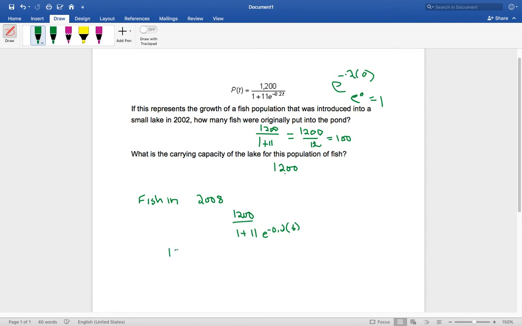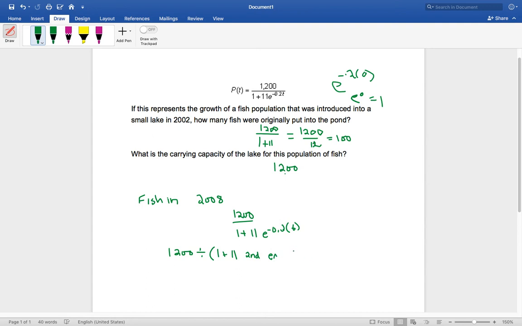In my calculator, that would be 1,200 divided by, you want to put parentheses, 1 plus 11. Remember, you got to get to the e to the, you kind of go second, and it's above the ln, but e to the x or e to the caret, I'm not sure which it says.